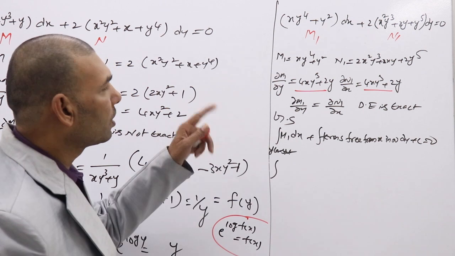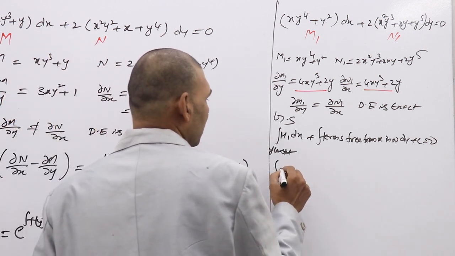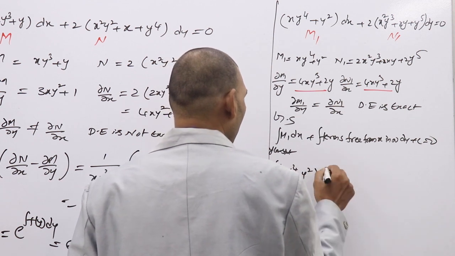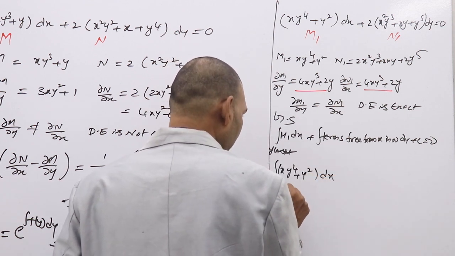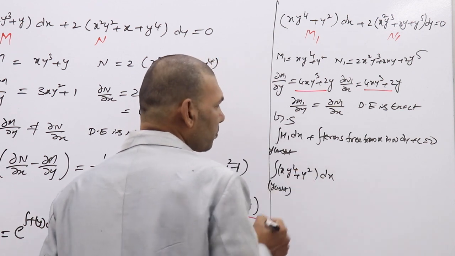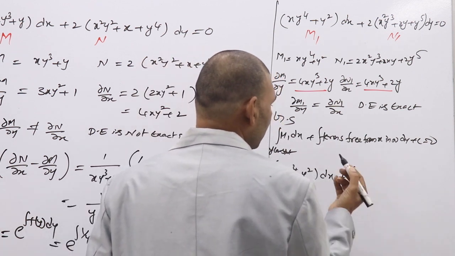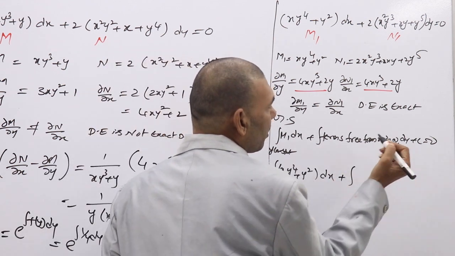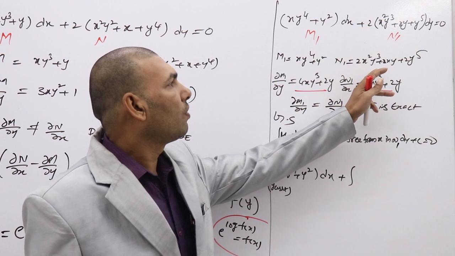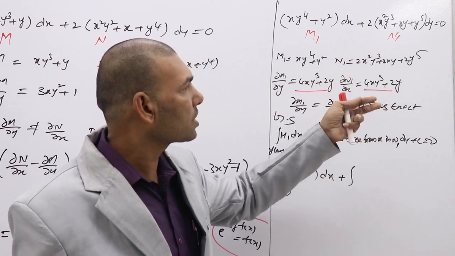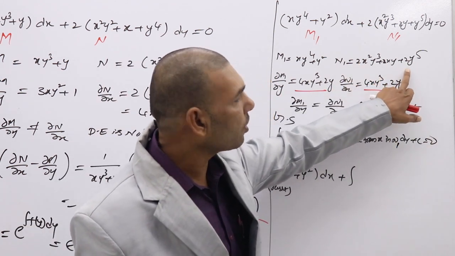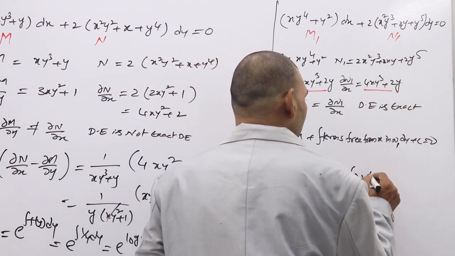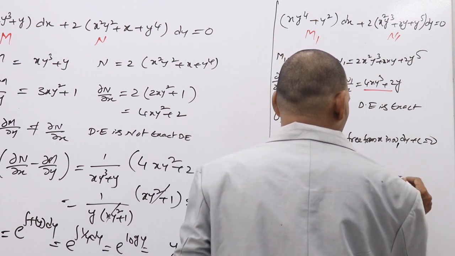Integral m1: write the m1 term as it is, xy to the power of 4 plus y square dx, keeping y constant, plus integral of terms free from x in n1. In n1, find the terms which do not contain x. We have 3 terms, and in one term we don't have x. So note down that term in n1 dy.